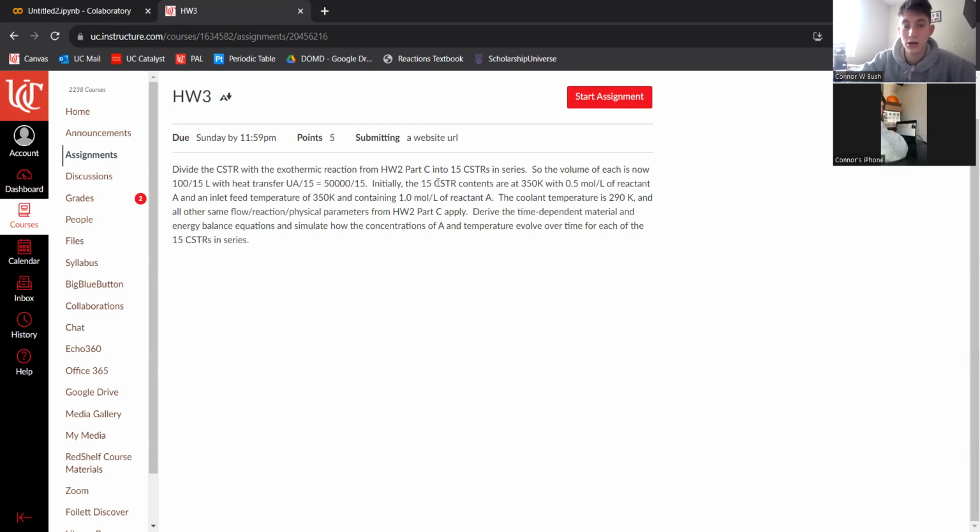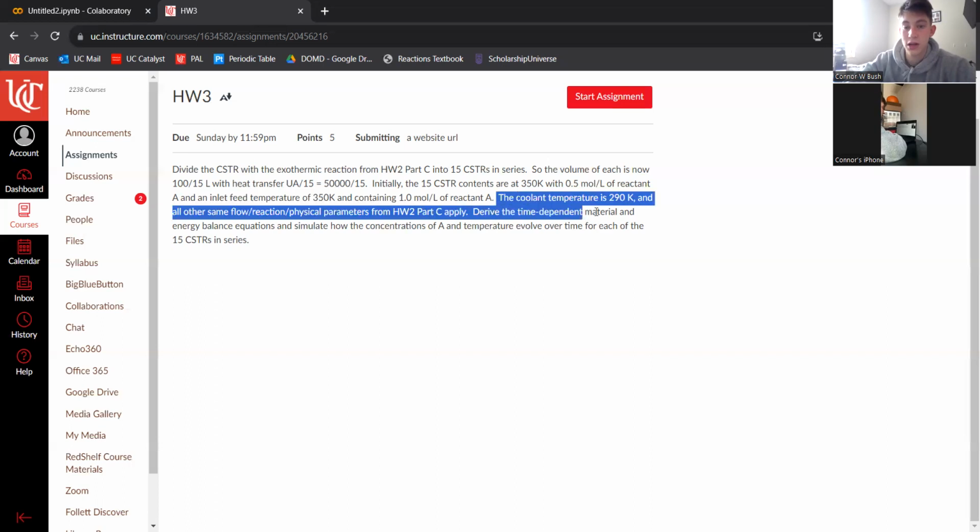And then we are assuming that at time equal to 0, all 15 CSTRs in series are at 350 Kelvin with 0.45 molar concentration of A. The inlet feed temperature is 350 Kelvin, and the concentration of the inlet feed is 1 molar concentration of A. The coolant we're using, because it's an exothermic reaction, we need cooling.